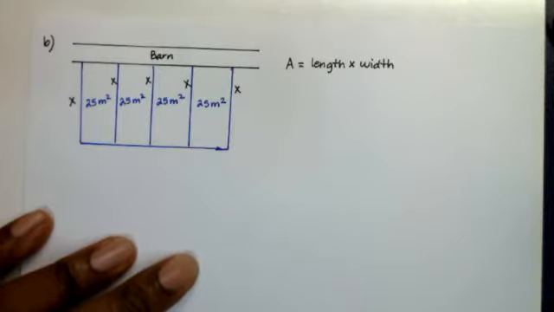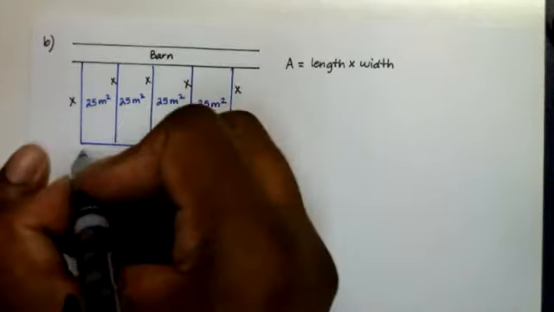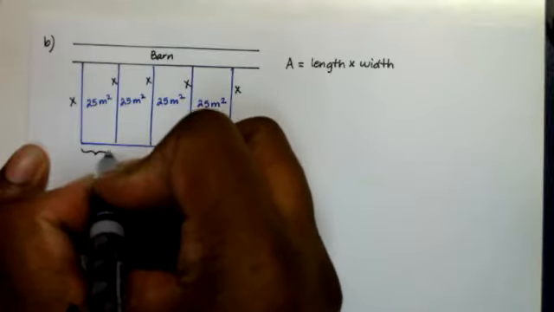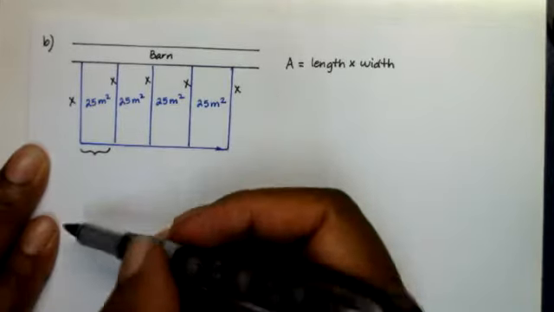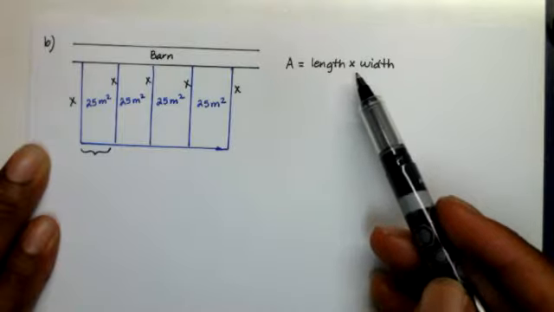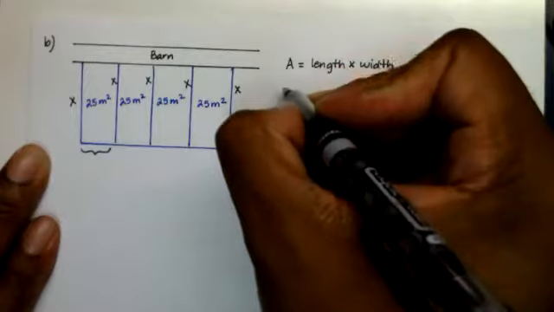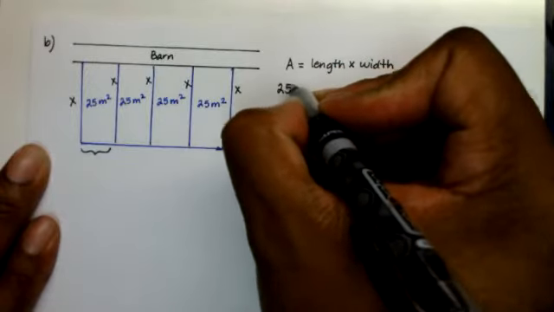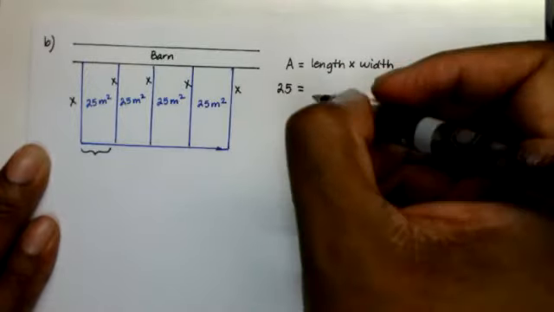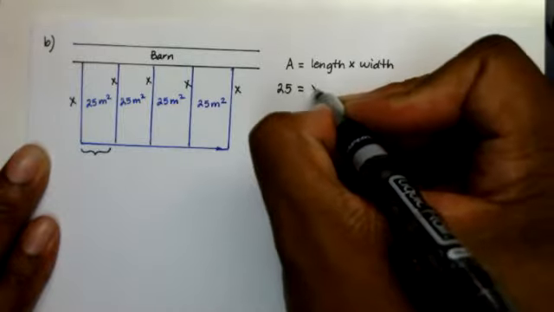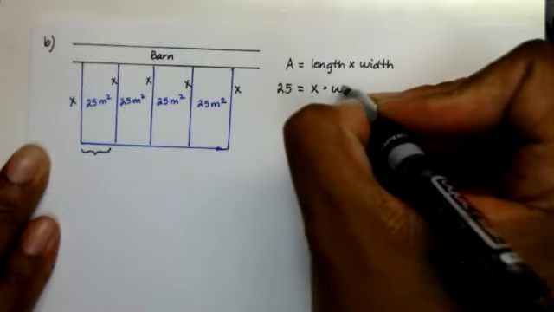So that means here that this width right here, since area is equal to length times width, and I know that each one of these is going to be 25 square meters, so this will be 25 equals the length, which is of course X, times the width.